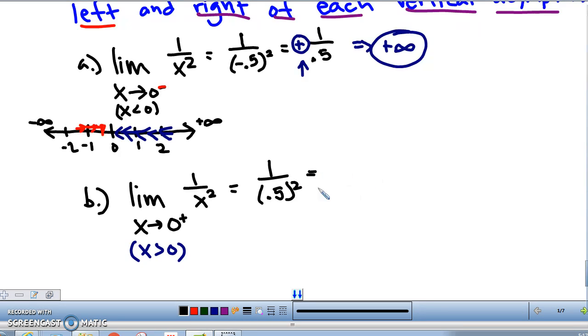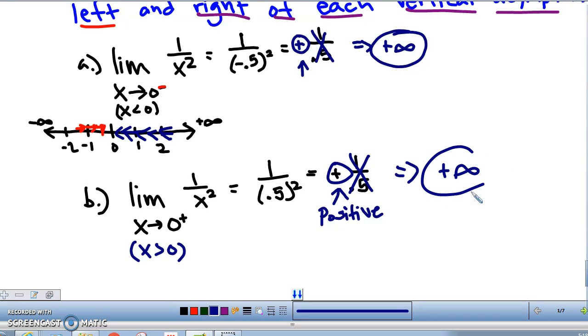The closer the better. So we see that this also comes out to positive. Now the value is positive 1 over 0.5. I could really care less about this. It was the sign, because it's positive, I know that we go to positive infinity. We're approaching positive infinity.